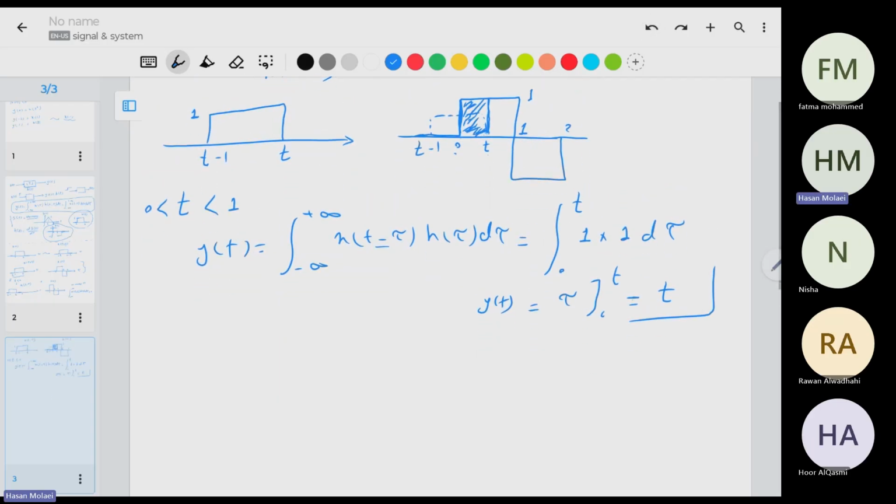I move t a bit more, like it goes here. Here we have t, here we have t minus 1.